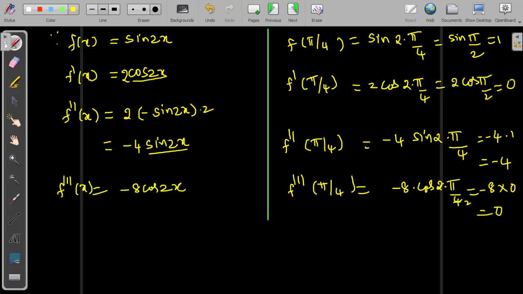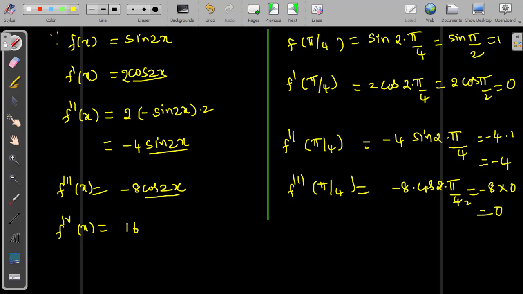Cosine terms become 0. Now the fourth derivative also I will calculate. This will give you cosine 2x, derivative minus sine 2x. Already a minus is there, that minus and this minus both will be multiplied. So you will get 16, because cosine 2x derivative is minus sine 2x, multiplied again by the chain rule by the derivative of 2x, which is 2.